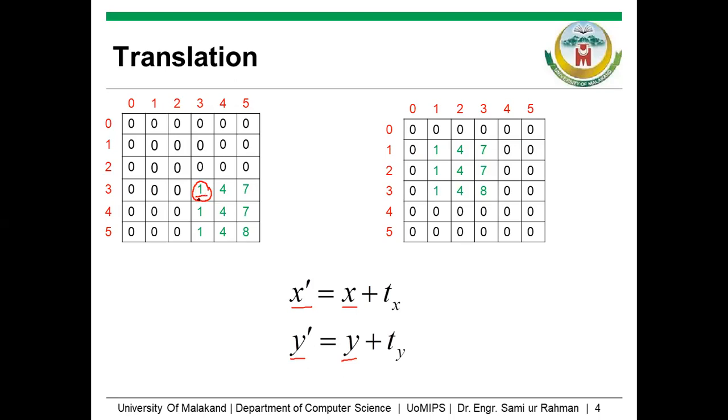Originally its position on the x-axis was 3 and on the y-axis was 3, and now its position on both is 1. So the new position is equal to the previous position plus the translation tx along the x-axis.